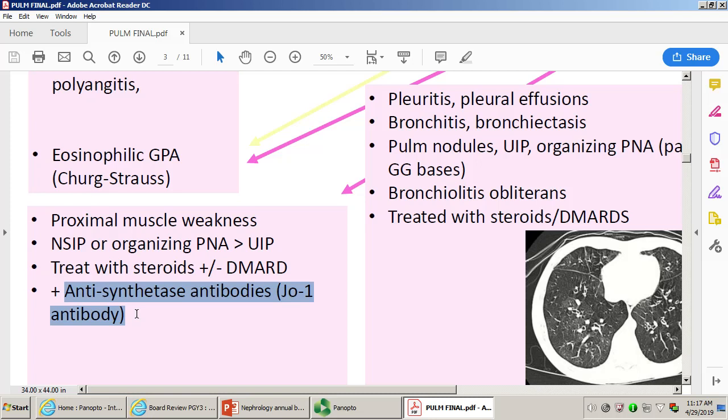What cutaneous manifestation goes with anti-synthetase syndrome? Mechanic's hands, right? So if you see Jo-1 and ILD, you should be thinking anti-synthetase, and they'll give you mechanic's hands, which is just crusty fingers.